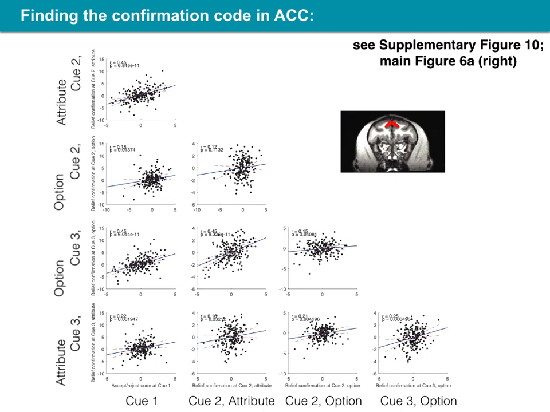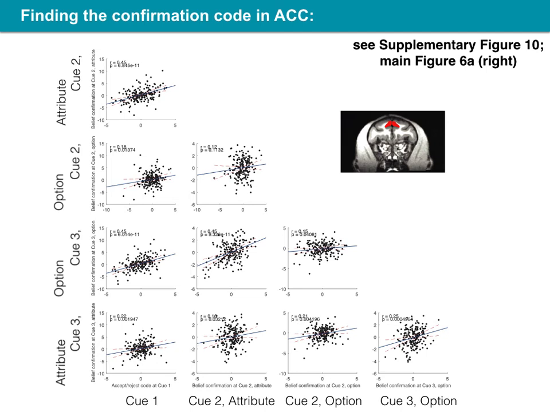And what was striking was that if we estimate that regression model and look in the ACC for how much the neurons care about that belief confirmation regressor, we find that their regression coefficients are all correlated positively with one another.